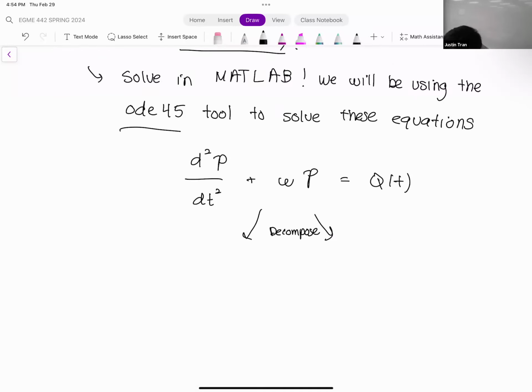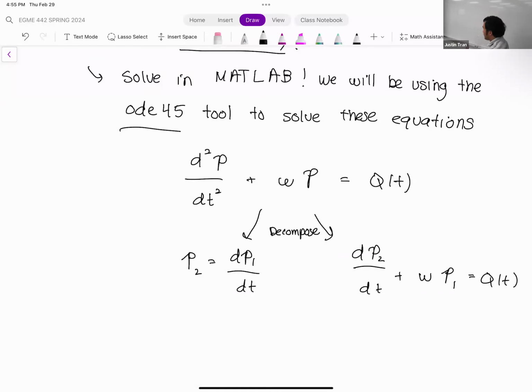So what you can say is that P2 is equal to dP1/dt. And then that equation up there is equal to dP2/dt plus omega P1 is equal to q of t. And so for a second order equation, you decompose into two first order equations.